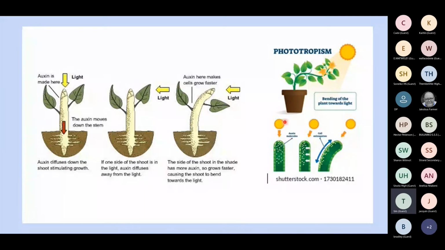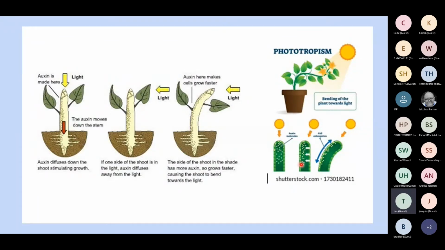Same with this diagram. If the light is coming from here, the auxins will move downwards, which means the stem will grow towards the light. But now, as light is moving only unilaterally from one direction, the auxins will move to the shaded part.